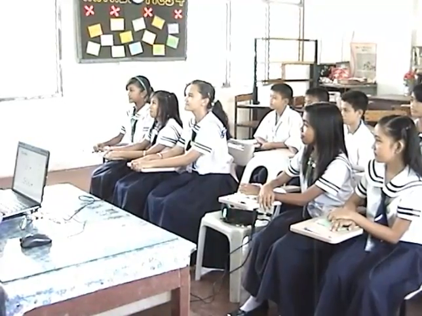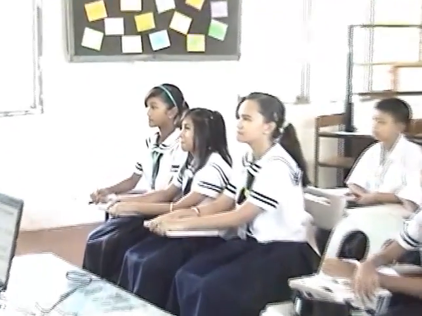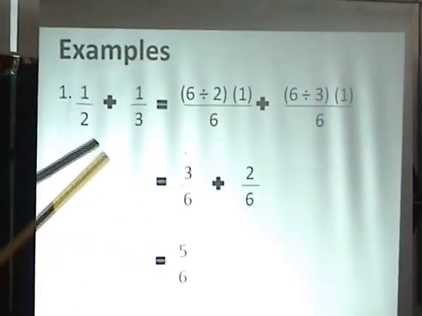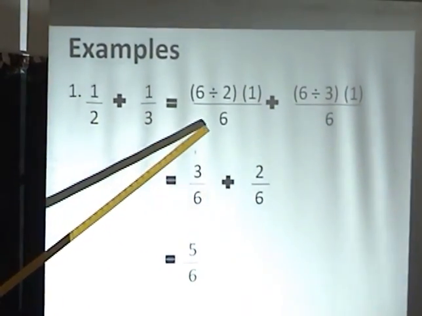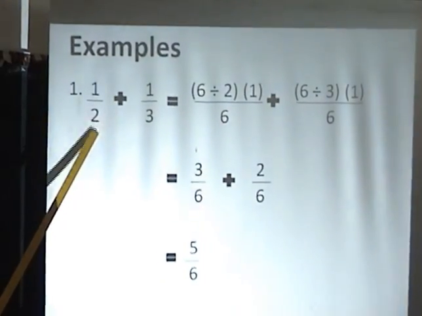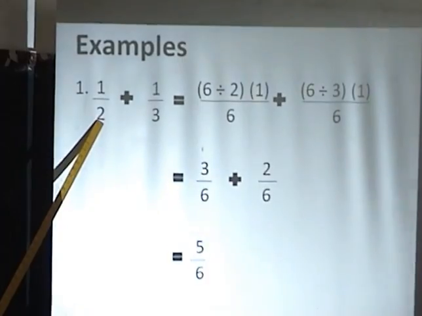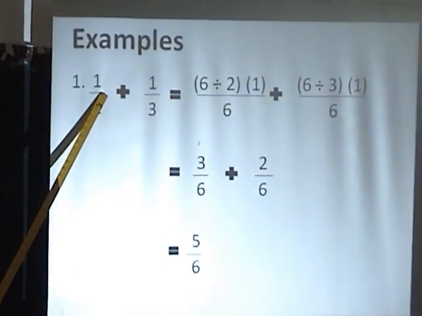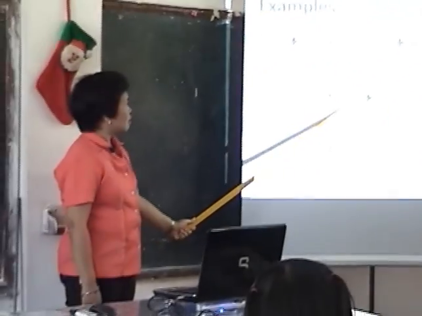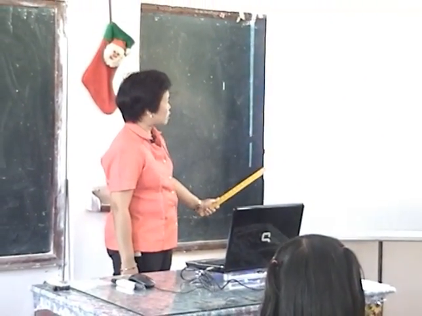We have 1/2 plus 1/3. The least common denominator of 2 and 3 is 6. So, 6 divided by 2 is 3 times 1 is 3. And then just copy the common denominator, which is 6.